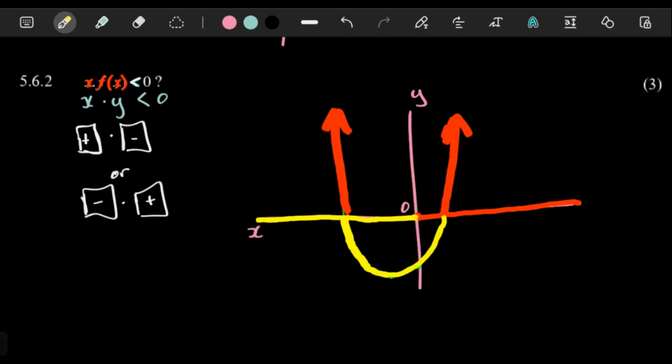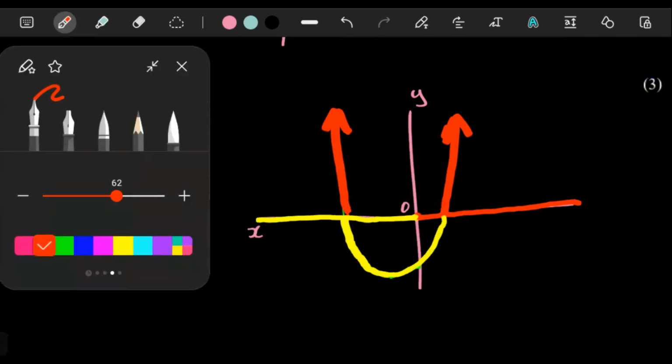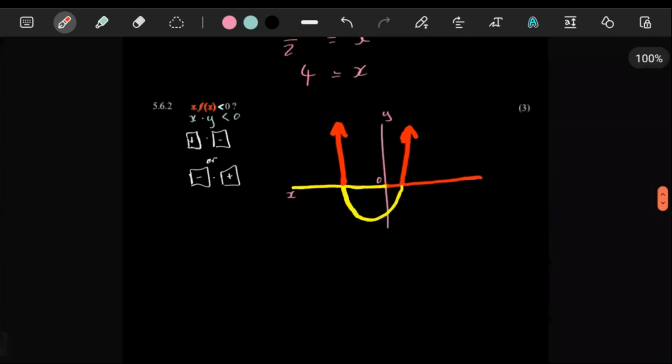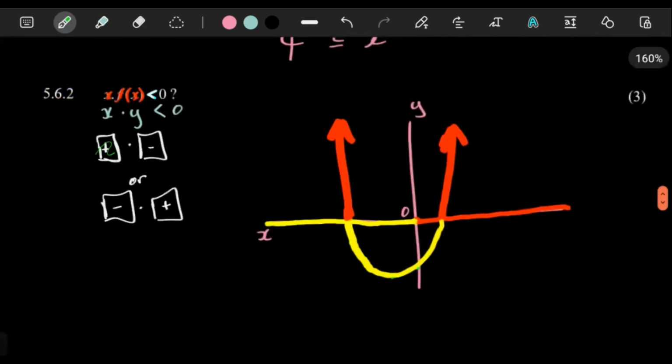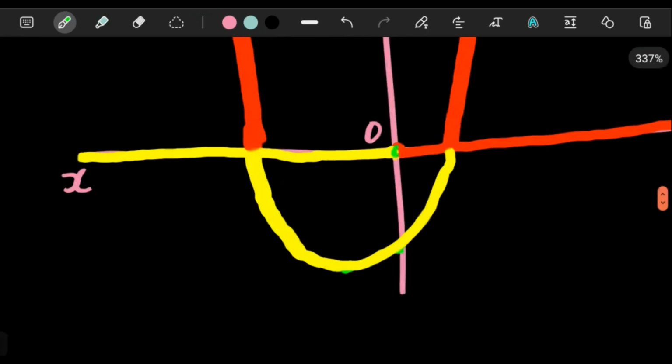So when you have a picture like this, answering your question becomes a little bit easier, because all we have to do is look for portions of our sketch where we, for example, have positive x values while having negative y values. So here we can see positive x values are here. We want where we have positive x values together with negative y values, and that's only happening between here and there.